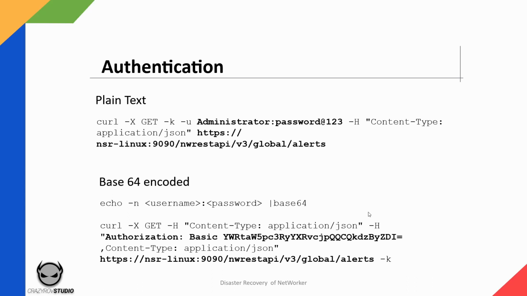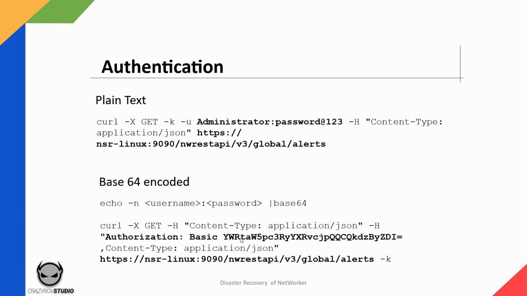You can also use encoded credentials. So you can use the basic scheme that is supported by HTTP. It is a simple authentication scheme built into the HTTP protocol. So the client sends the HTTP request with the authorization header that contains the word Basic, followed by a base64 encoded string.